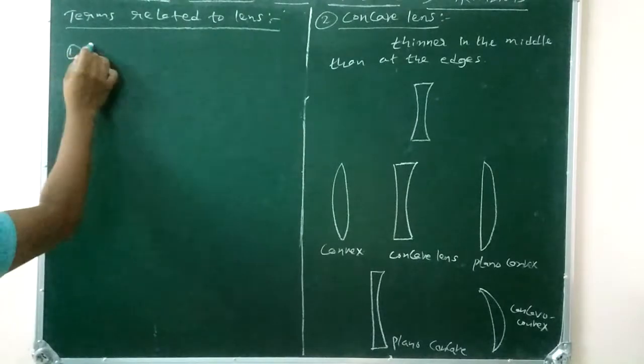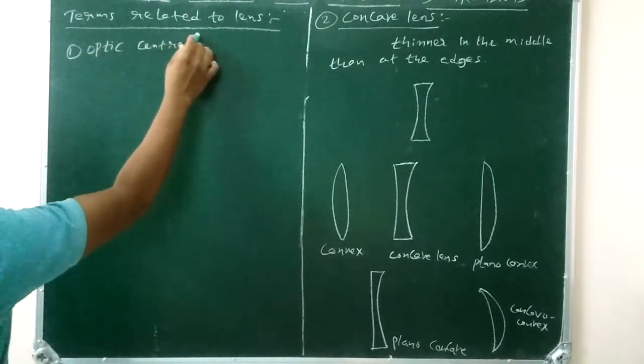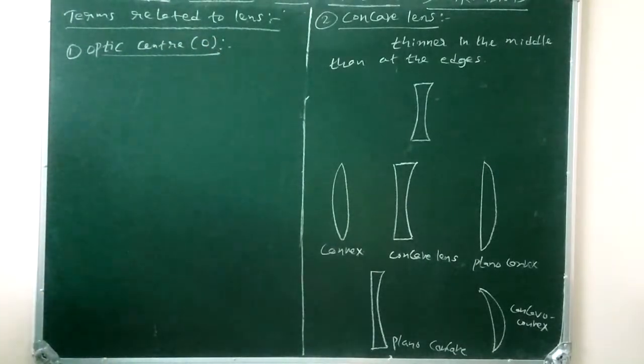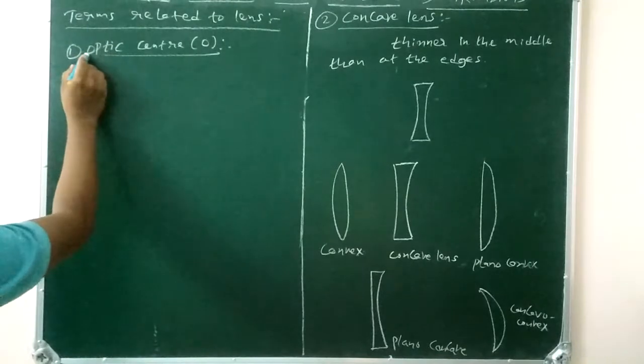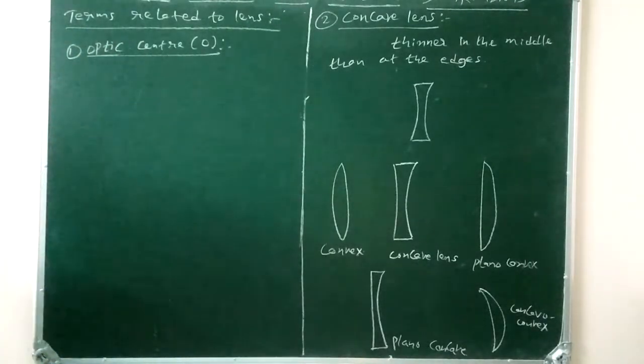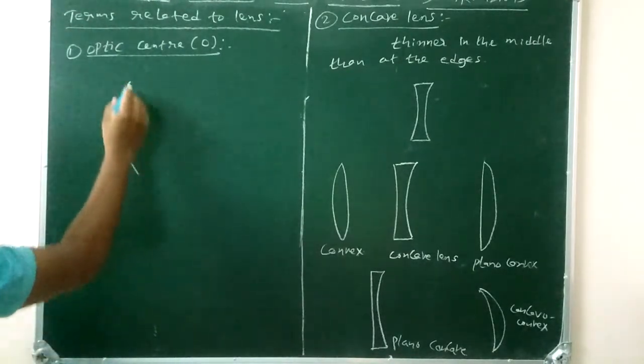First one is optic center. It is denoted with O. It is very similar to the pole in the mirror. Optic center: the center point of the lens through which any ray passes undeviated.